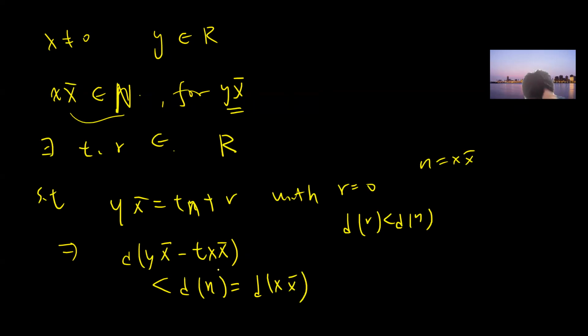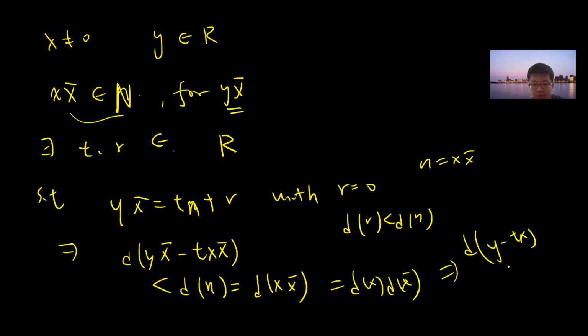And this is d of x bar times d of x. So I can cancel d of x bar and simplify to d of (y minus tx) less than d of x.